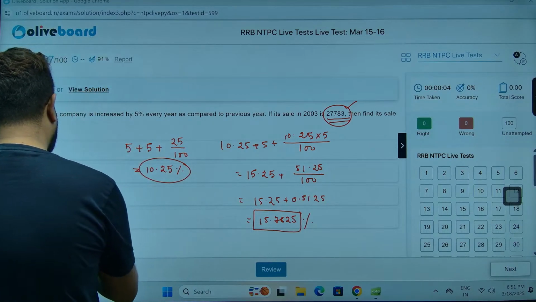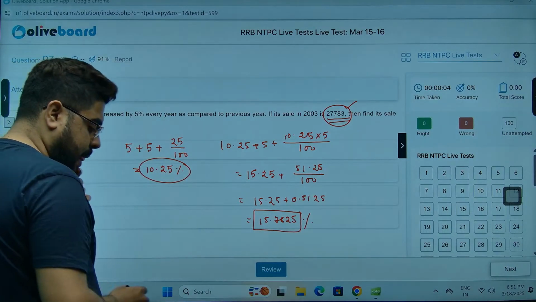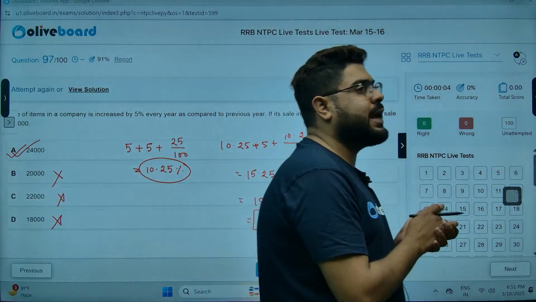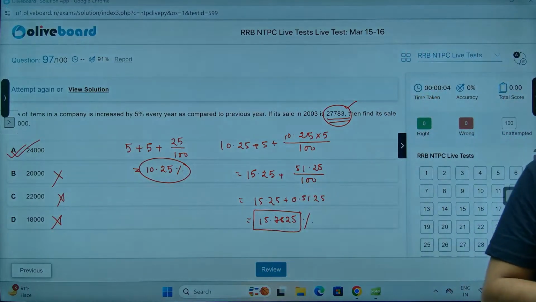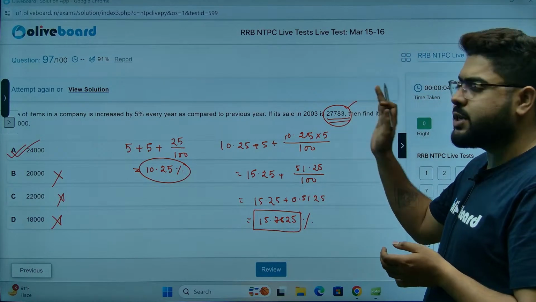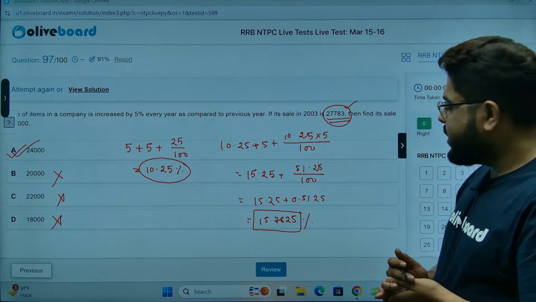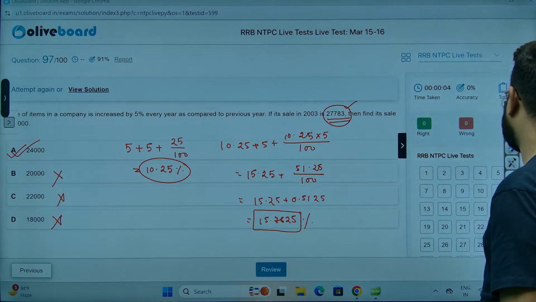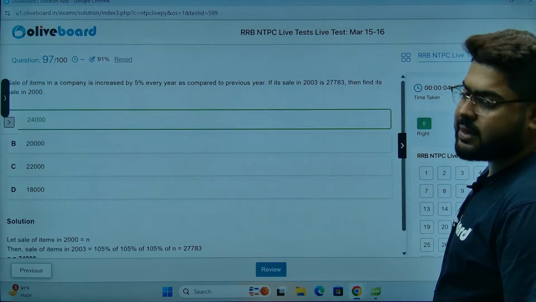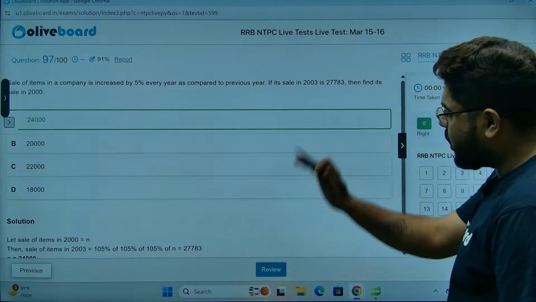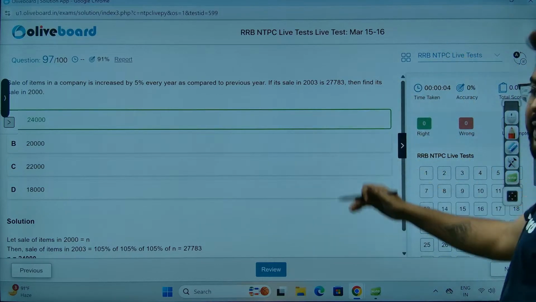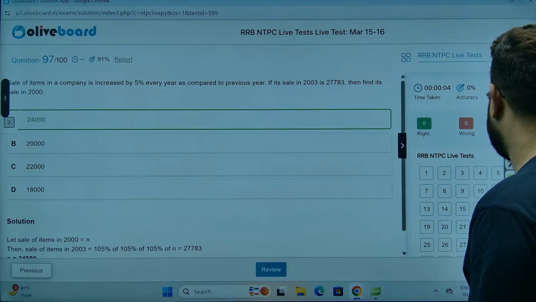This is also not an option, so the option has to be A. It is closer to 27 something. Let's check. Yes, this is the answer. So do not always calculate, just have an idea from the given values.